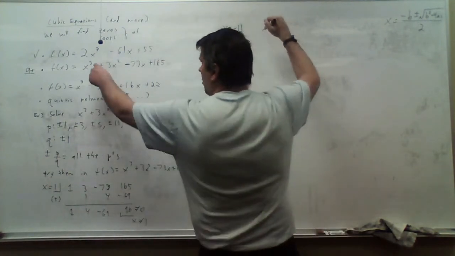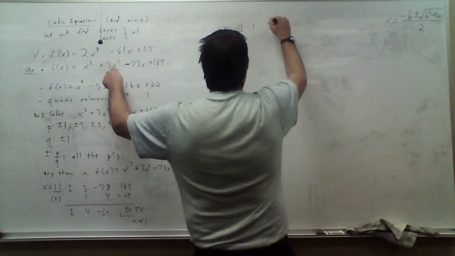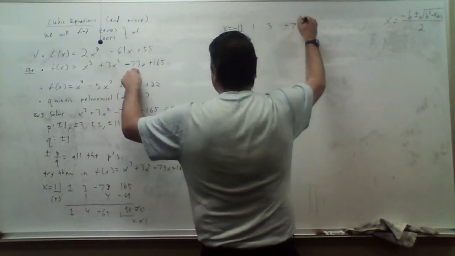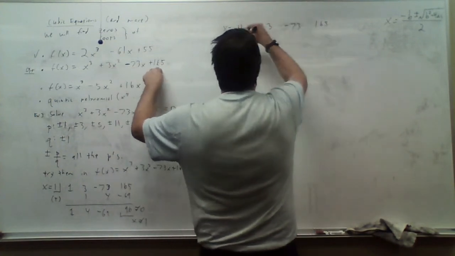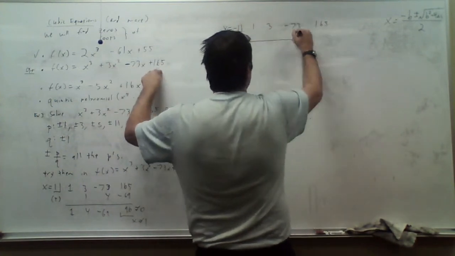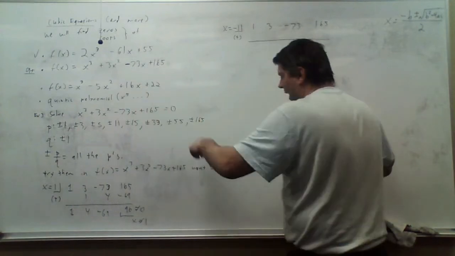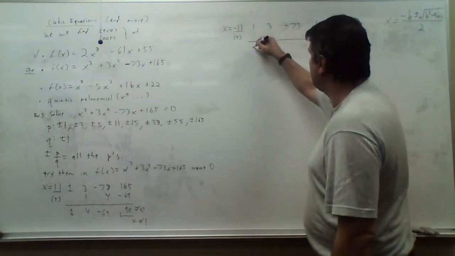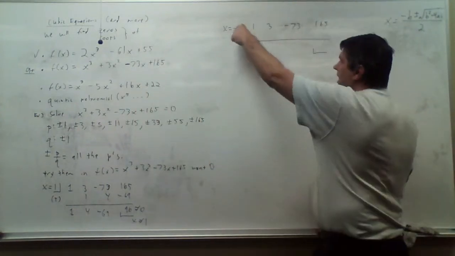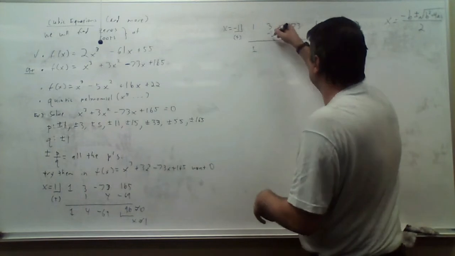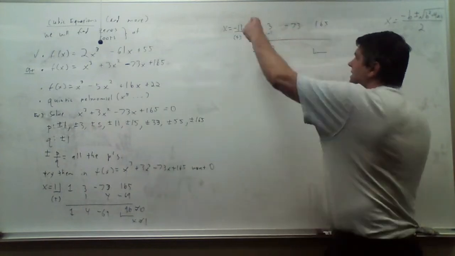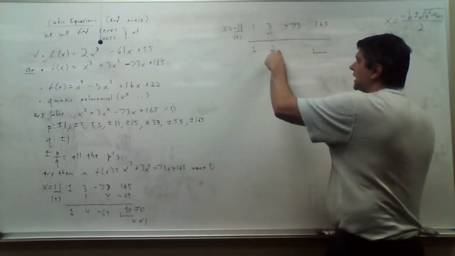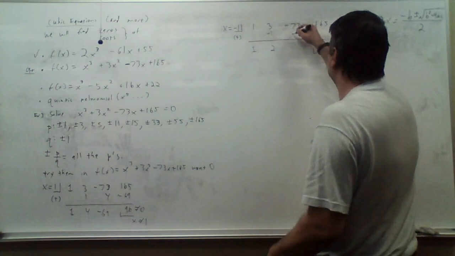So it's 1, 3, negative 73, and 165. And again, I want 0. So, bring down this 1. 1 times negative 1 is negative 1. That's 2. Negative 1 times 2 is negative 2.